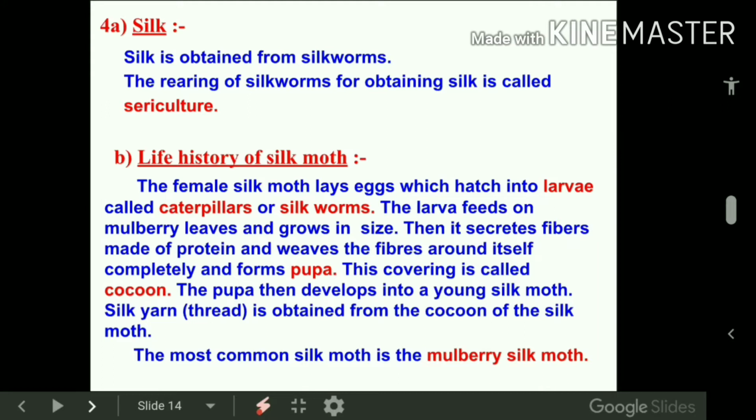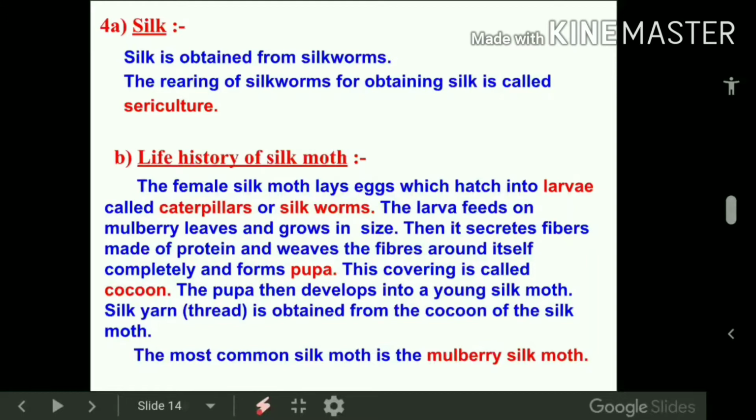There are two types of protein secreted by the larva, known as sericin and fibroin. When that protein comes in contact with the air, it dries up and forms a hard protective cover around the pupa. For several days, the pupa can live inside the cocoon.